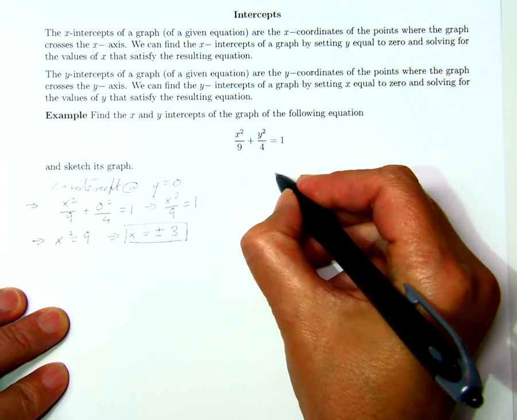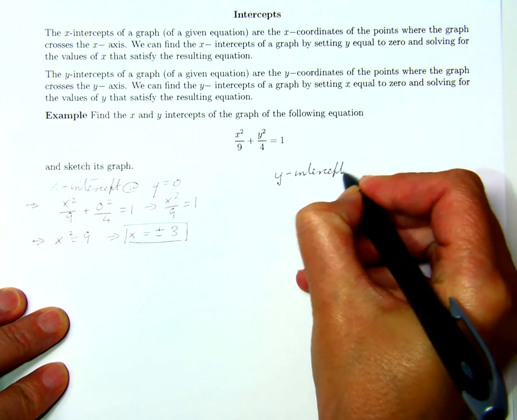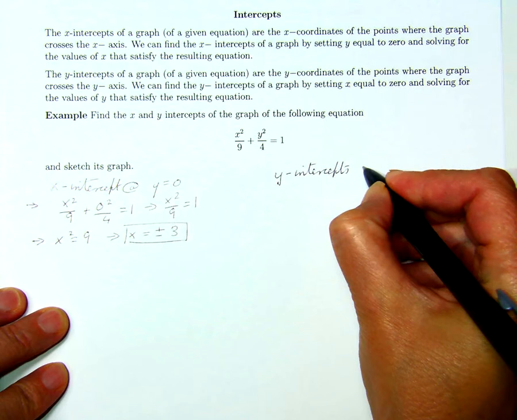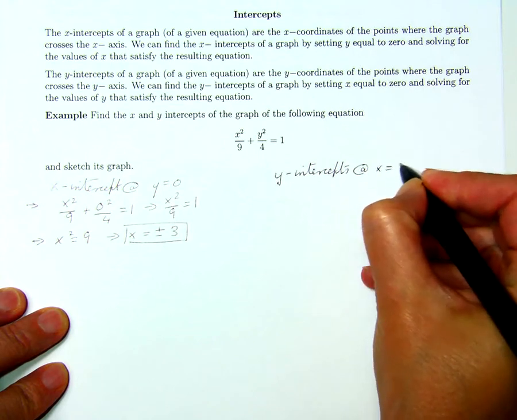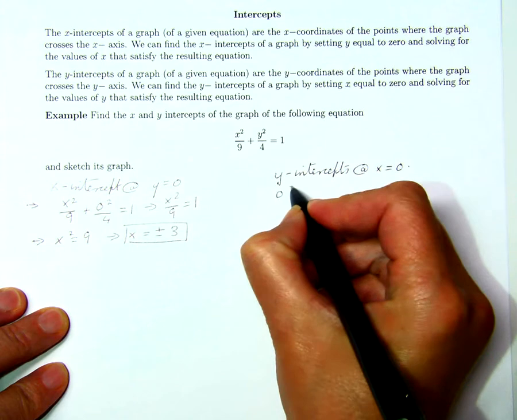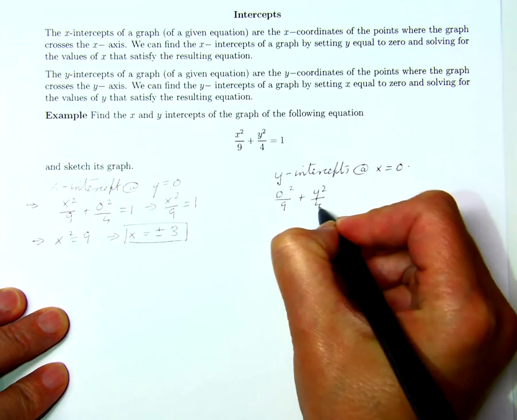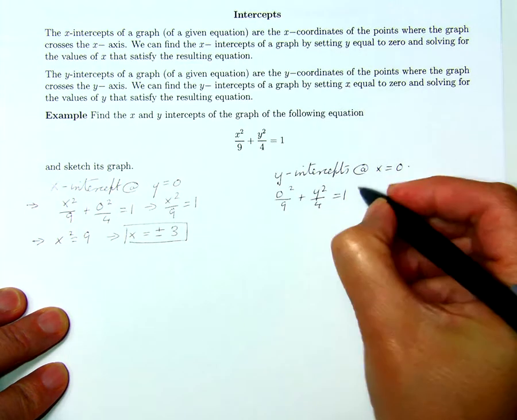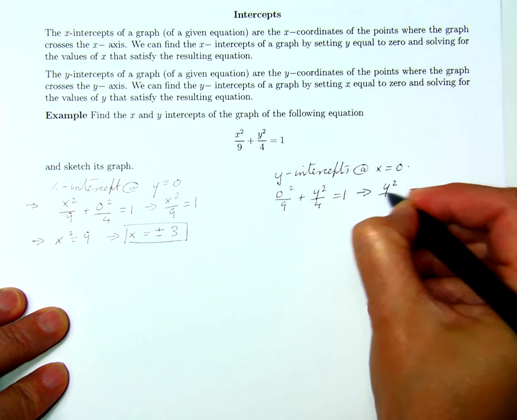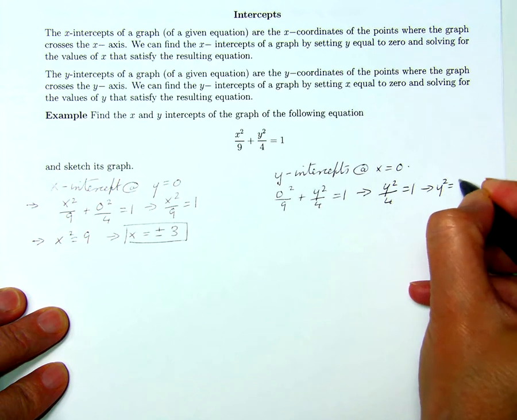What about the y-intercepts? Well, these are at the points where x equals 0. And so at these points we have 0 squared over 9 plus y squared over 4 equals 1. So that tells us that y squared over 4 equals 1, or y squared equals 4.